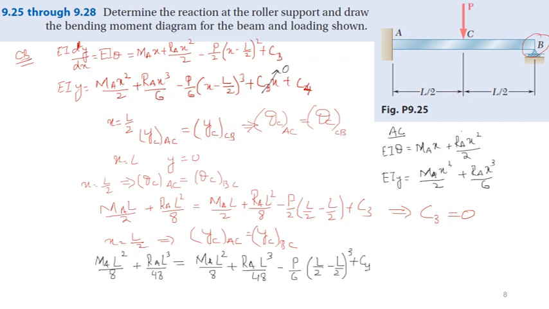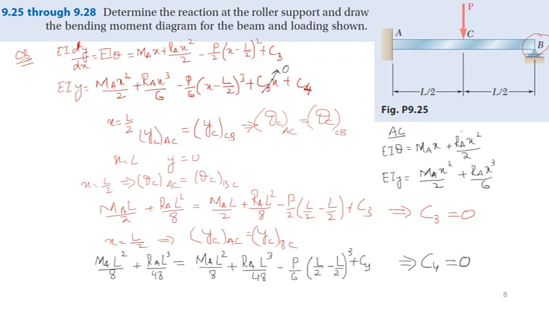Now, this term MA L square by 8 will cancel MA L square by 8 on the right hand side, and RA L cube by 48 will also cancel, and we have P by 6 times L by 2 minus L by 2. This will lead us to C4 is also equal to 0.